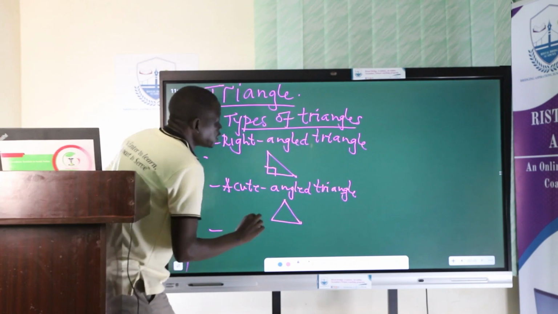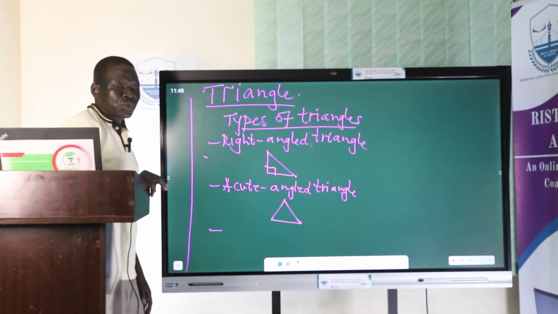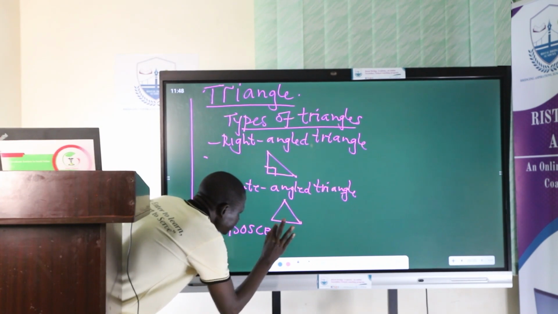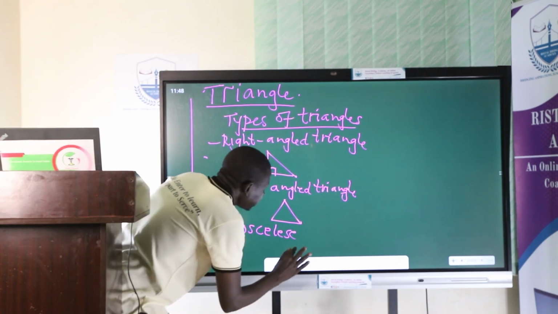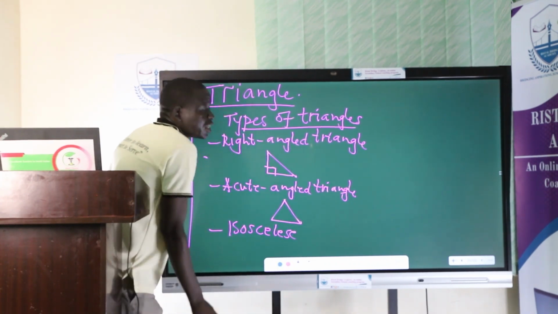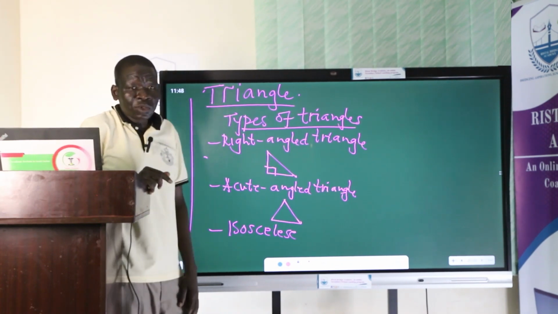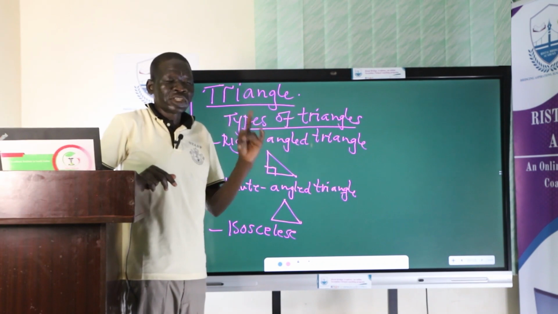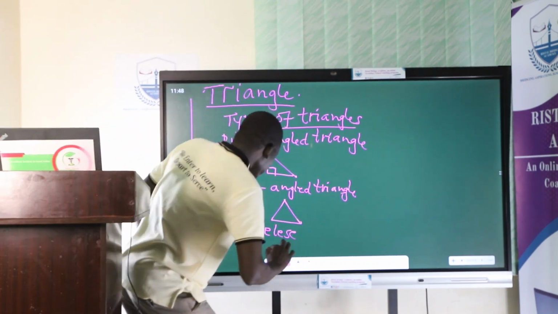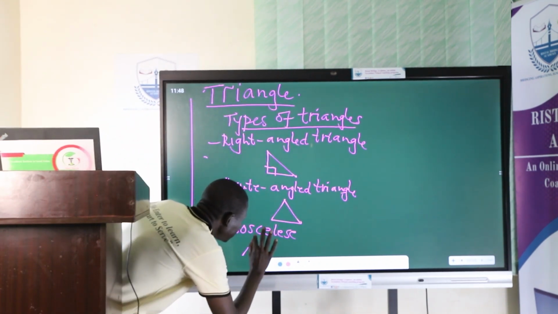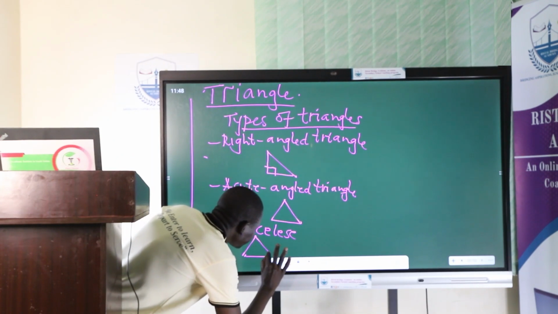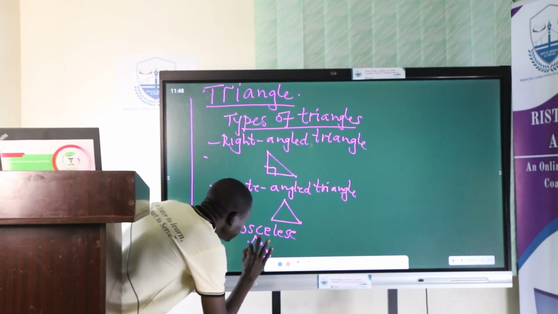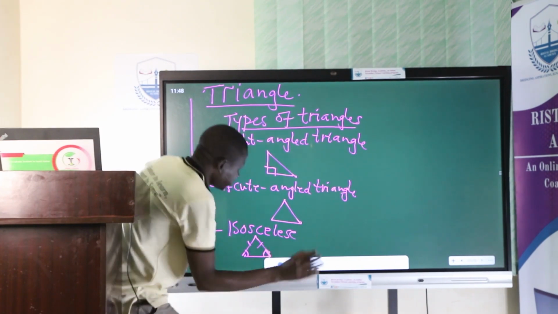We have another type of triangle which we call isosceles. Isosceles triangle. This is the type of triangle which has two adjacent sides equal and the two base angles equal. And this is how it looks like. This side is equal to this and this angle is equal to that.